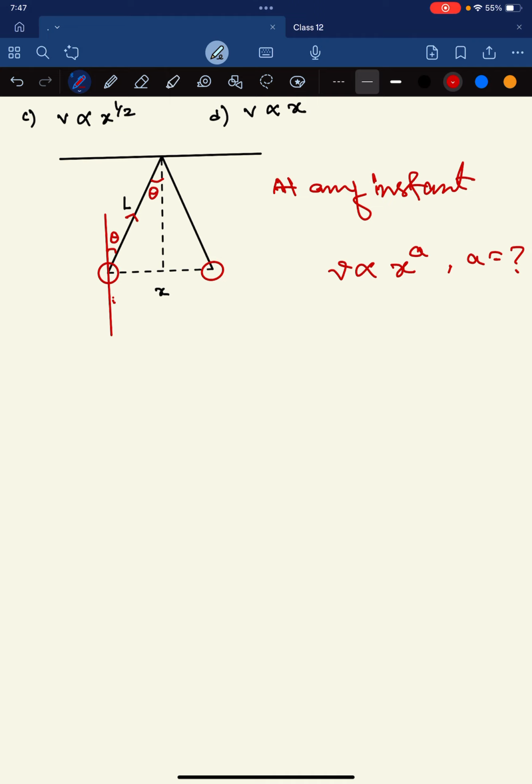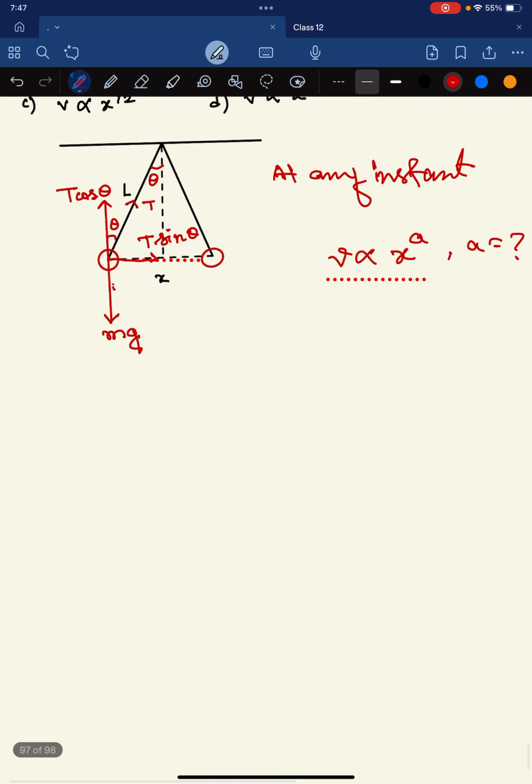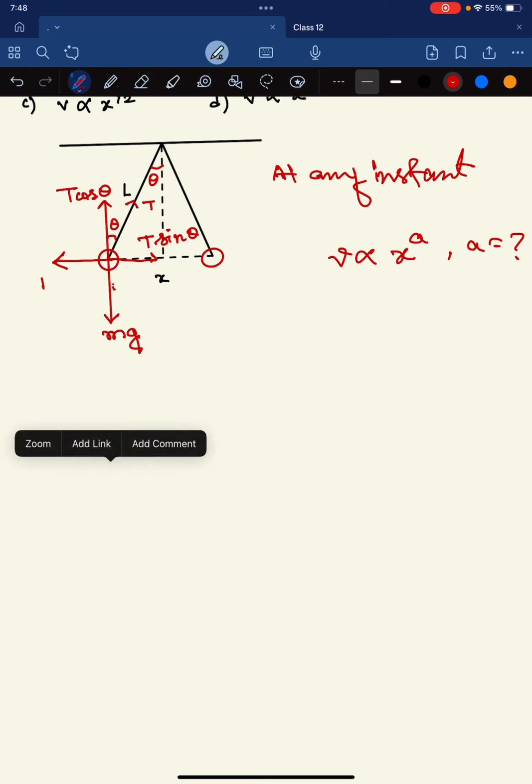Let's say tension in the string is T. Then the component of tension in this direction will be T cos theta, and in this direction it will be T sin theta. This T cos theta will balance the weight mg, and this T sin theta will balance the repulsion between the two spheres. Let's say this is the force of repulsion.